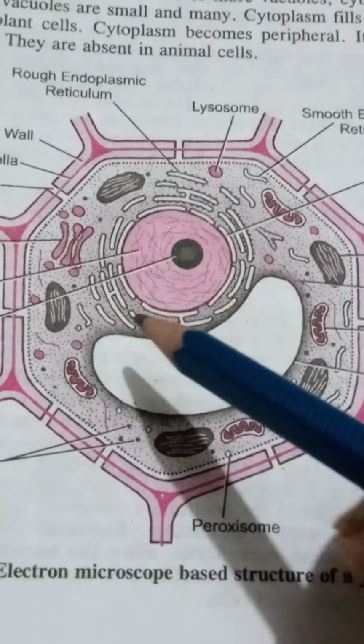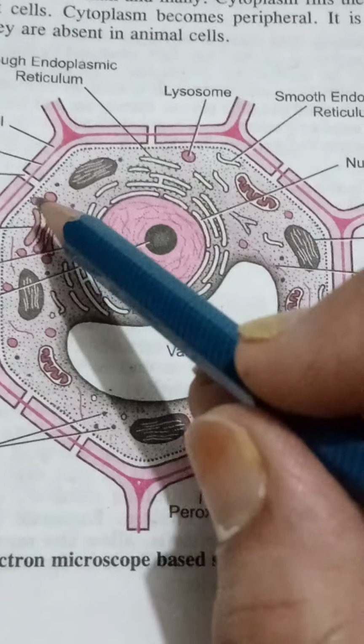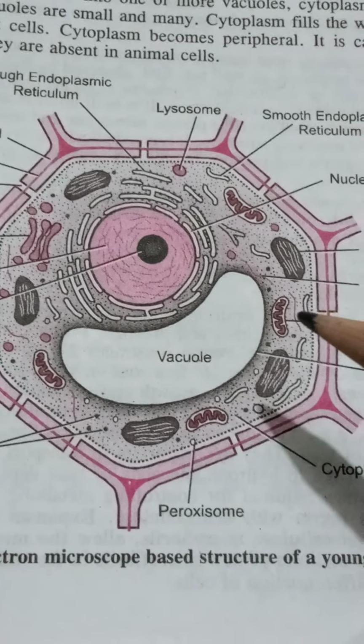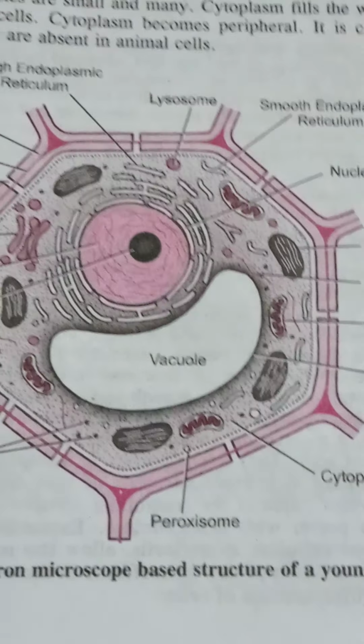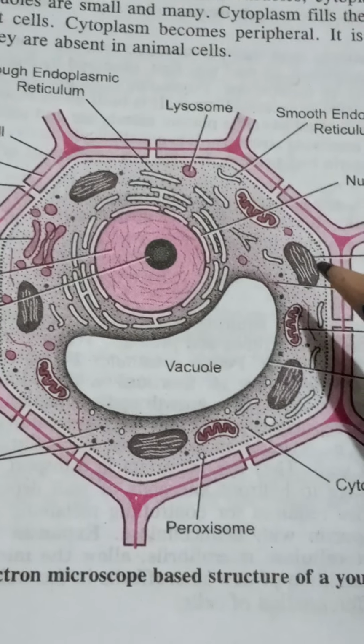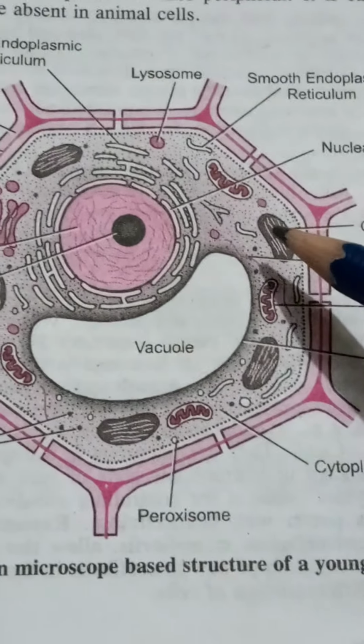This includes the endoplasmic reticulum, Golgi complex, lysosomes, and vacuoles. These are the main organelles included under the endomembrane system.